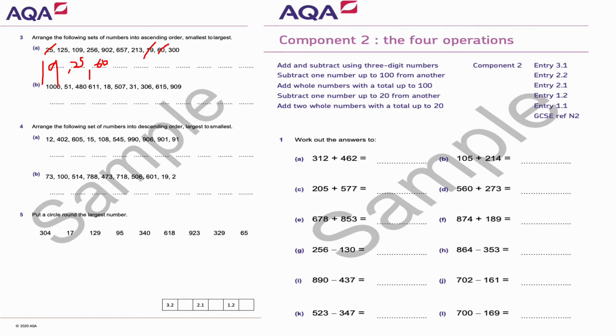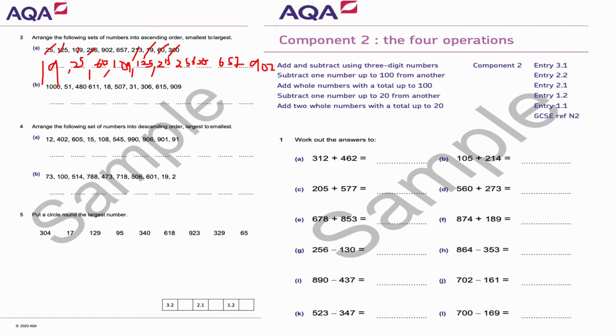Then I'm looking at the 3-digit numbers, 109, 125, 213, 256, 300, 657, and 902. It's from smallest to largest.